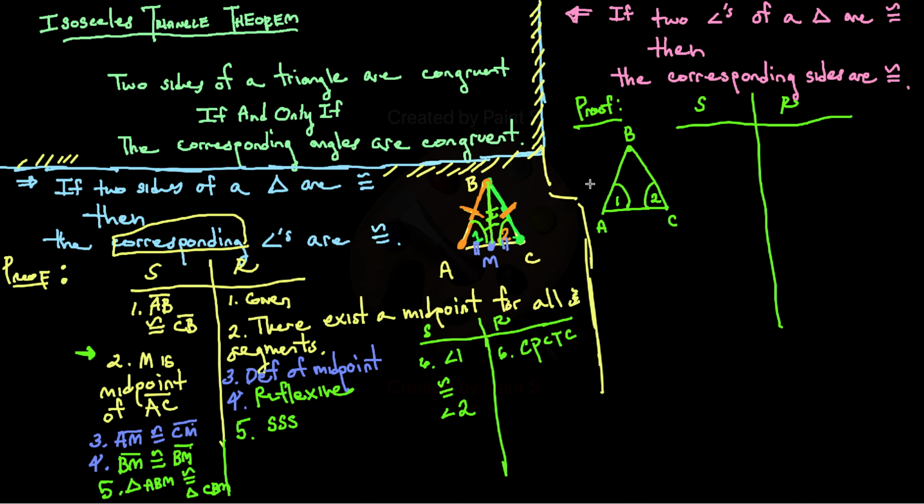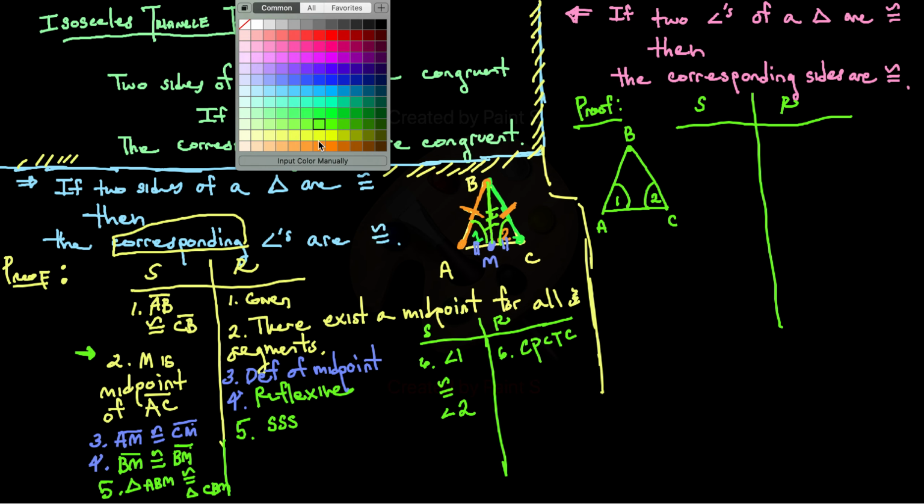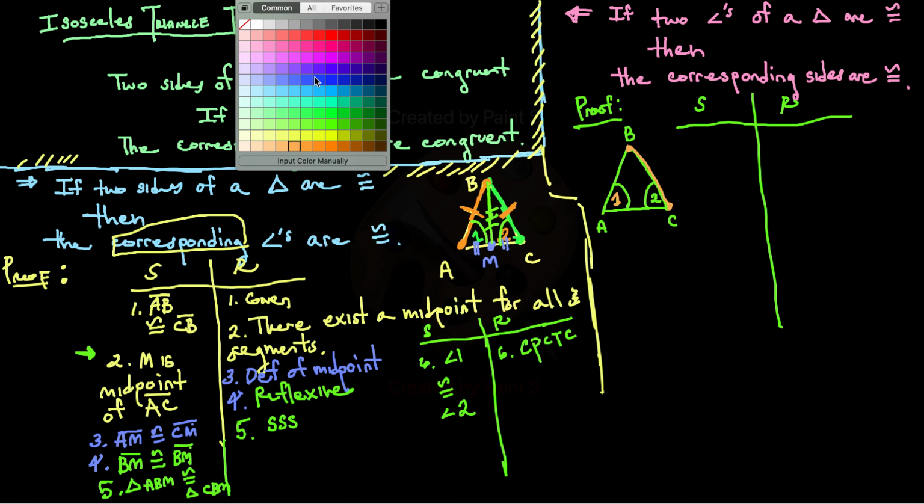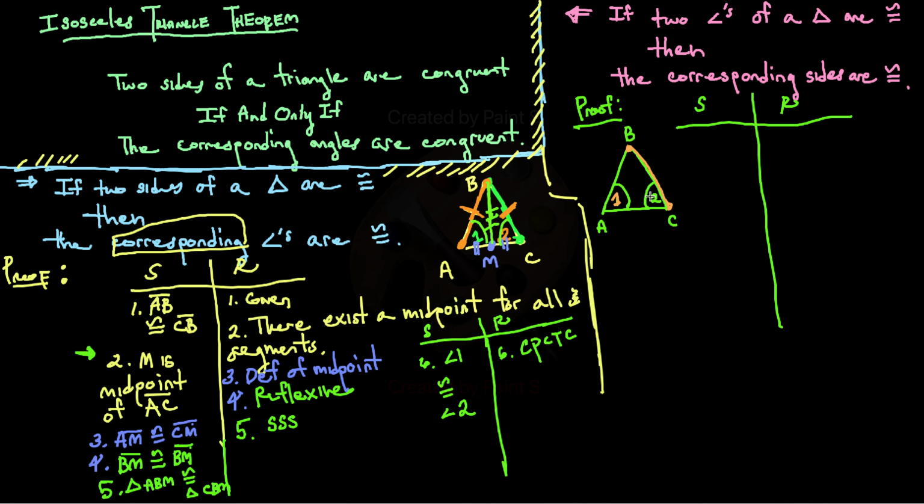So what's the side that corresponds to angle 1? Well, we should see that the side that corresponds to angle 1 is BC. And what's the side that corresponds with angle 2? So here's angle 2. The side that corresponds to angle 2 is side AB.